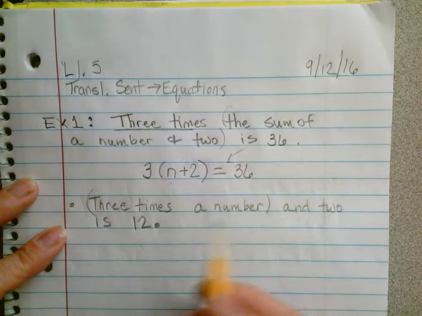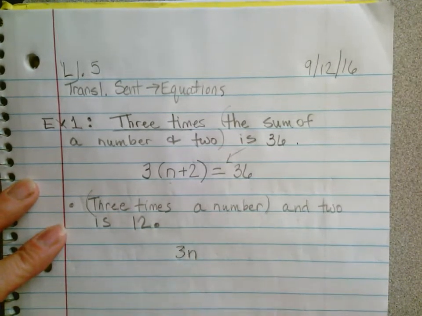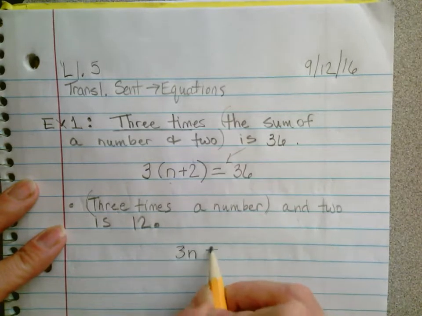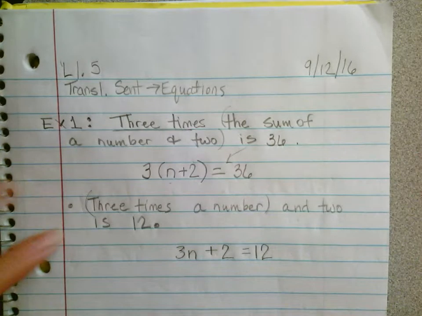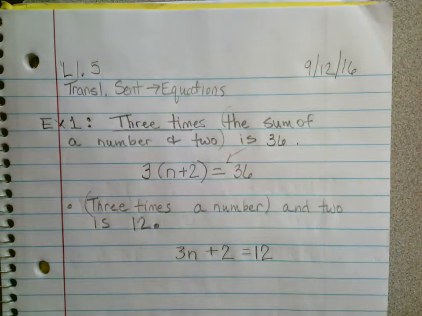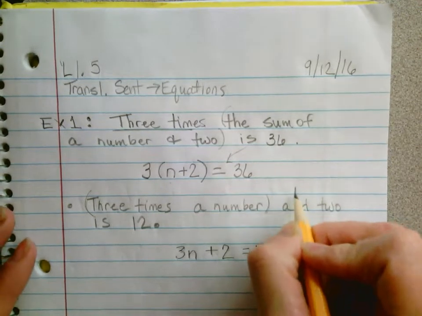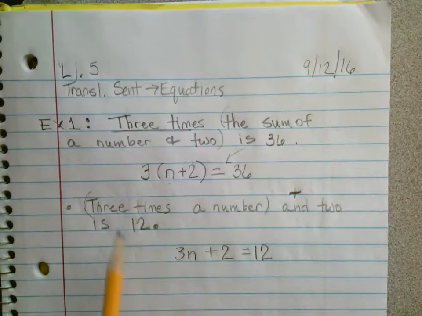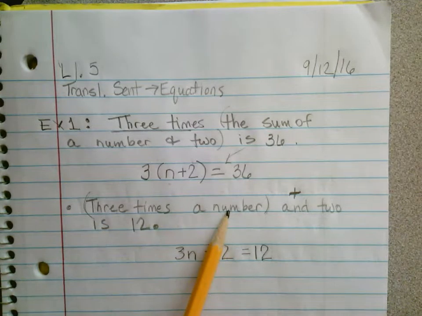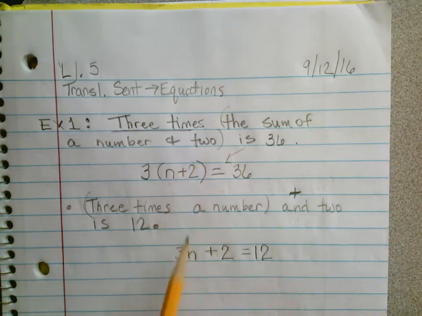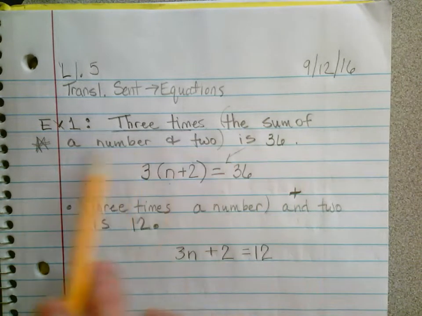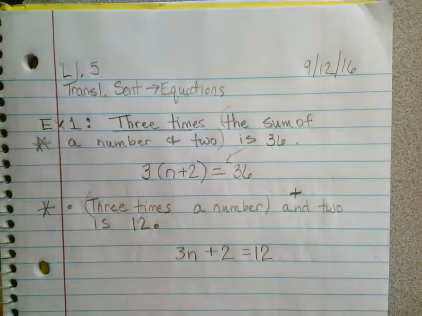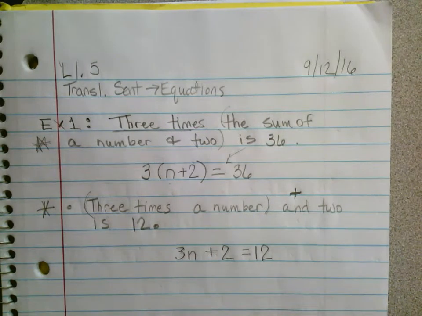So 3 times a number is 3n. Okay? And 2 is simply floating out there. 3 times a number and 2. So when we did the and, you were adding 2 to whatever the product of 3 and the number is. Okay? So notice the difference between these two items. This one required parenthesizing because it specified that those were together, and this one didn't. That's example 1.